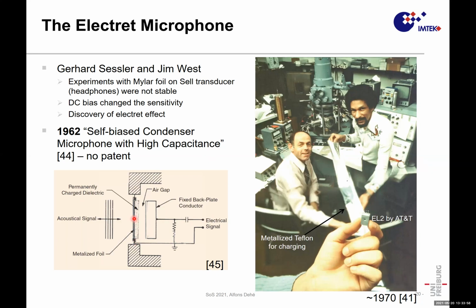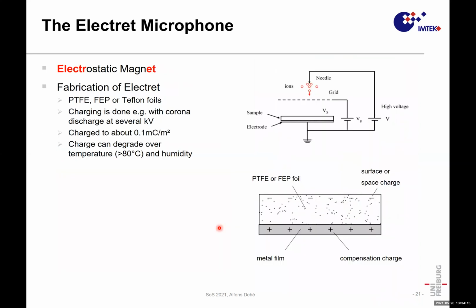And since it was polarized, it would give rise to charge movement, which you finally pick up in an electrical signal. They called this electret. This is an artificial word, so to say, coming from electrostatic and magnet, because they had the feeling they have a permanent electrostatic field, like a magnet which is always giving a magnetic field.